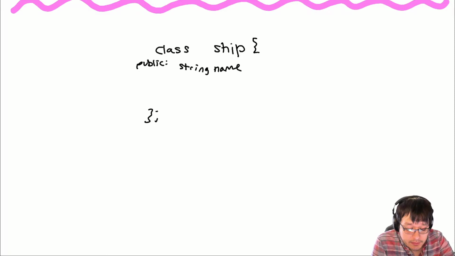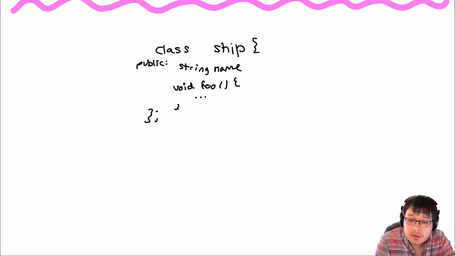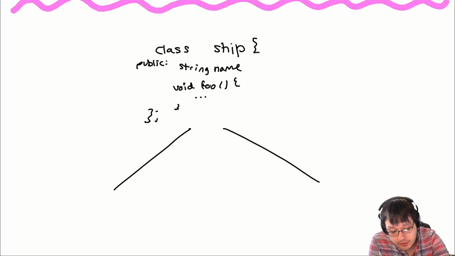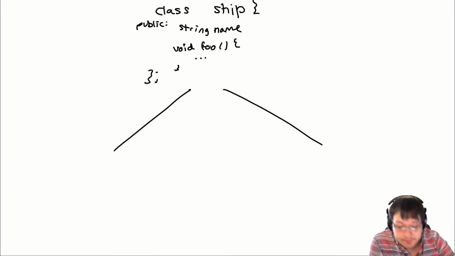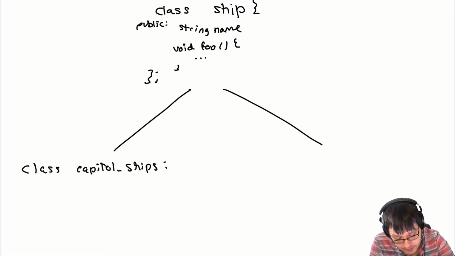So it's a string name, and maybe it has a function foo that does something. Doesn't really matter what it does, but there's some variables and some functions. But what you're really trying to do is inherit that into different kinds of ships. So maybe we have capital ships, that inherits from ship publicly.